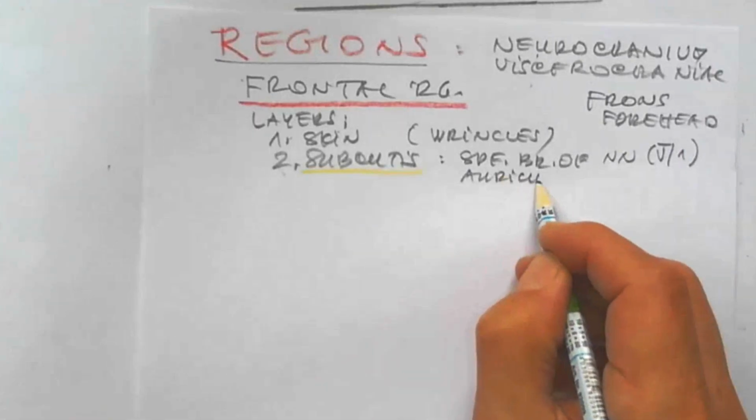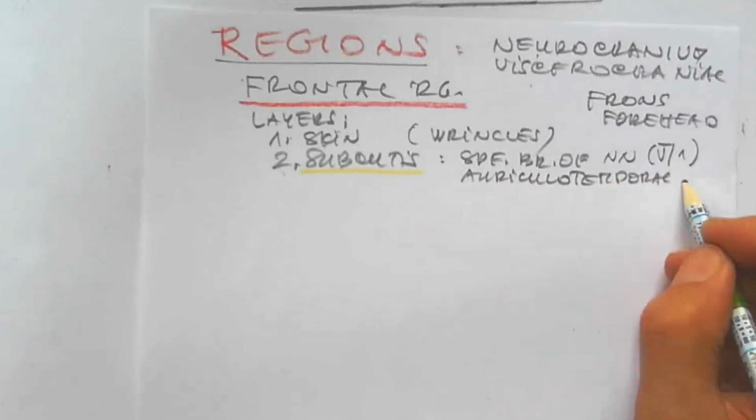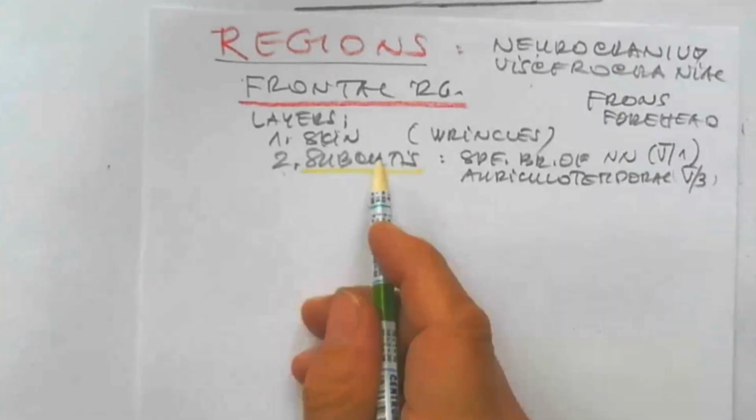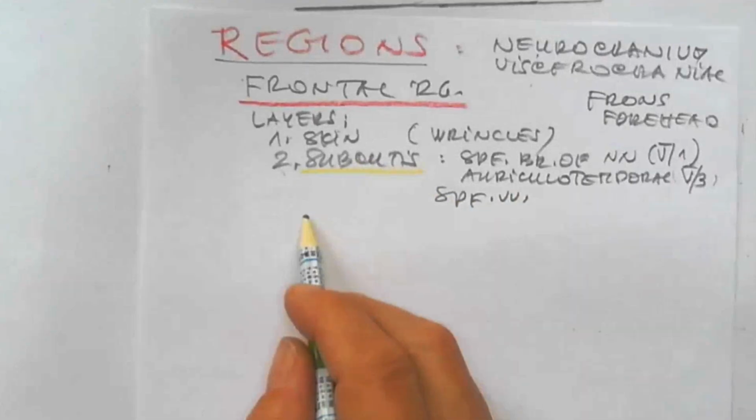We have seen the auriculotemporal nerve from the trigeminus again, but number 3, in subcutis. There are also some superficial veins, not necessary to name them.